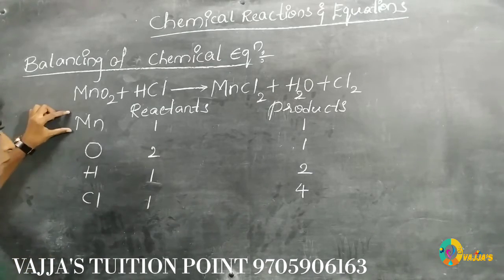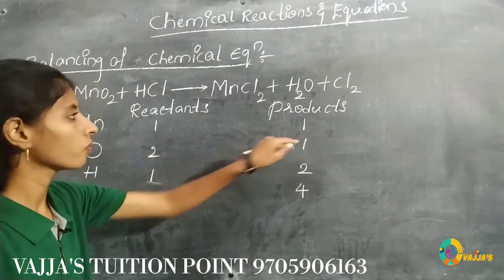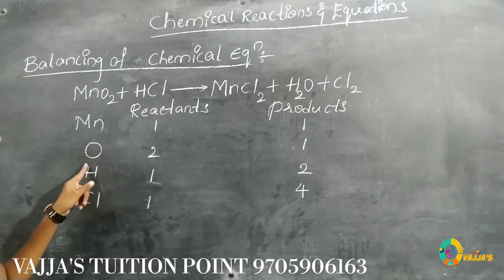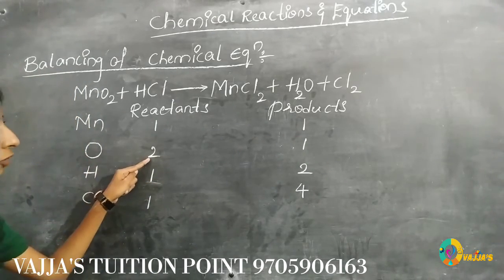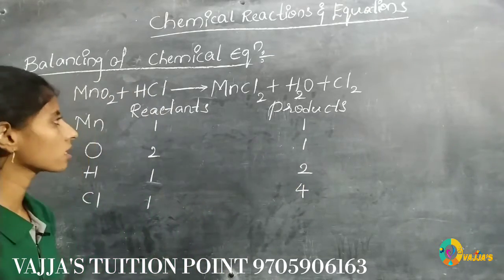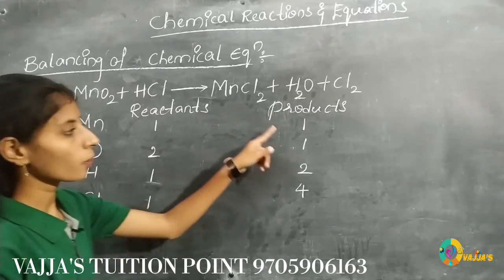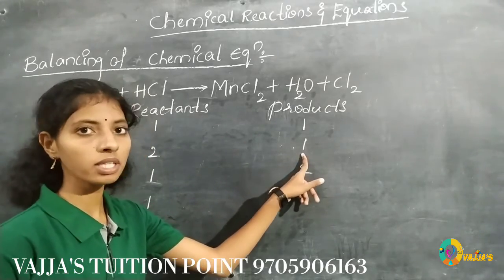So first Mn, on the reactant side we have only 1, product side also we have 1. Now it is balanced. Now come to oxygen. Here we have 2 but here we have only 1. Now we have to balance this. On the product side we have 1, so the number is less.